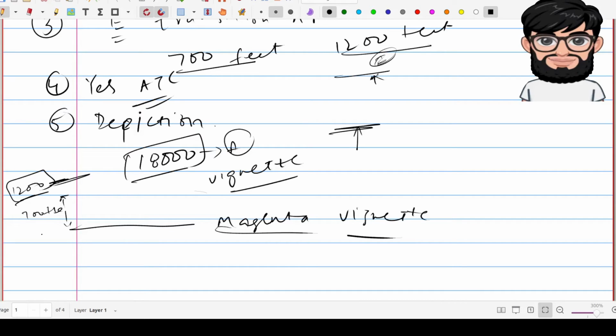If it is other than 700, it is the blue vignette. That would indicate that it starts from other than 700 feet, and sometimes a number indicates whether it is 1200 or a different number.